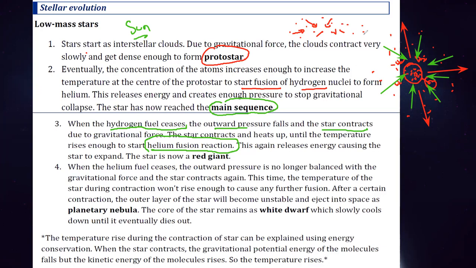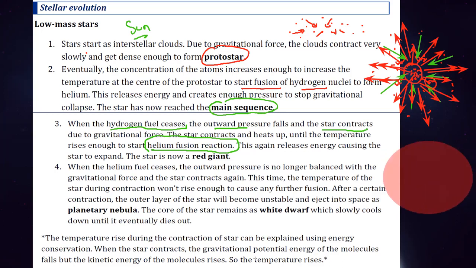That helium fusion releases an enormous amount of energy outward. So now the outward pressure will be more than the gravity, the size of our sun will increase, and it will turn into a red giant. It's a cycle: hydrogen forms helium, helium will form carbon, nitrogen, and so on.